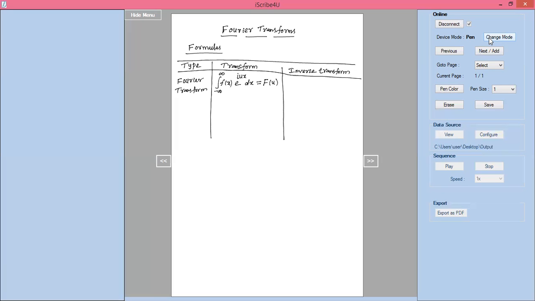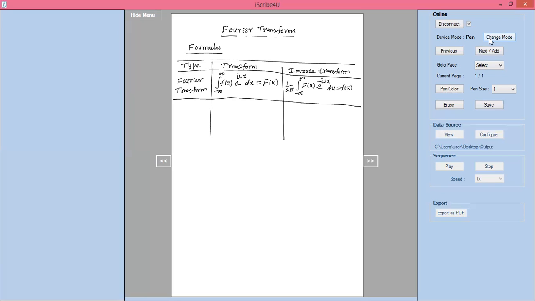The inverse Fourier transform is 1 by 2 pi into integration of minus infinity to plus infinity F of u into e power minus iux into du. That I am writing as small f of x. Clear? So this is the Fourier transform formula.